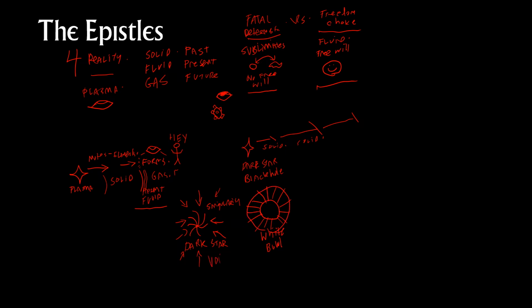So this is creating your voids. This is creating your pluva. And so the pluva is plurality, like all of everything that's being generated is coming from the white bowl, or the dark star, as I like to call them.